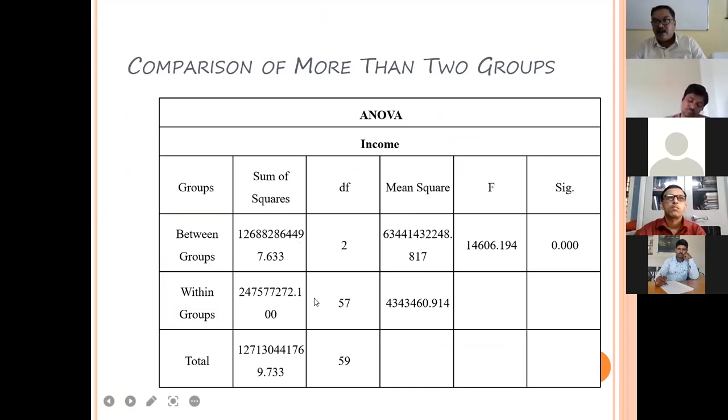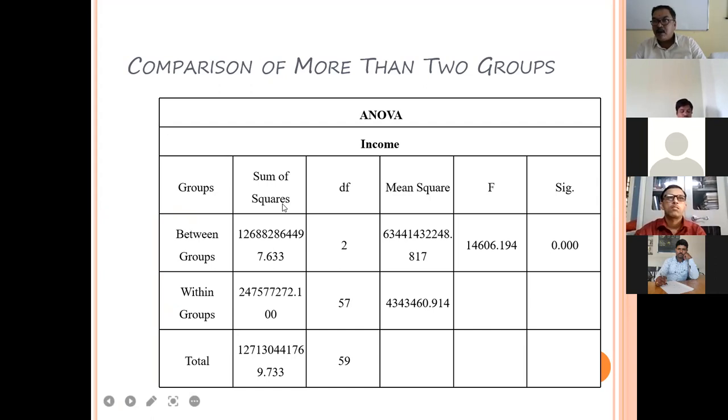So we calculate three types of variances: total variance, variance between the groups, and variance within the groups. Sum of squares means variances. Sum of squares is nothing but variances.